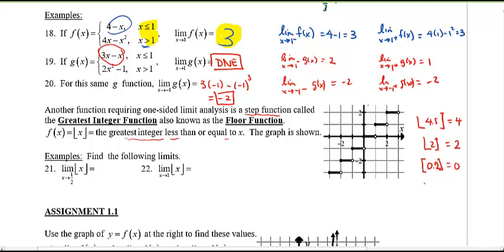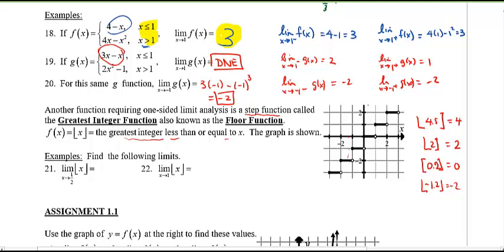Yeah, that's 0. What about the greatest integer less than or equal to negative 1.2? Don't say negative 1. Negative 1.2 is right here. The greatest integer less than or equal to that must be negative 2.